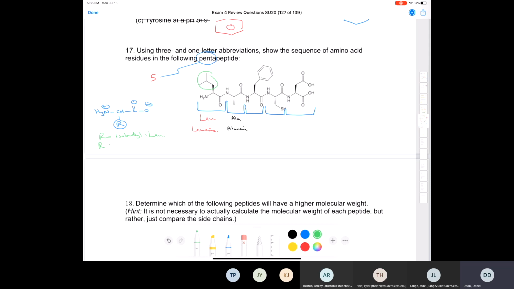When R is equal to a methyl group, you have alanine. Again, you don't have to memorize these, but that's how she's figuring this out, because I have a methyl group here. Now I have another question for you. What if my R group is a CH2 and an aromatic ring? Who knows what that one is?